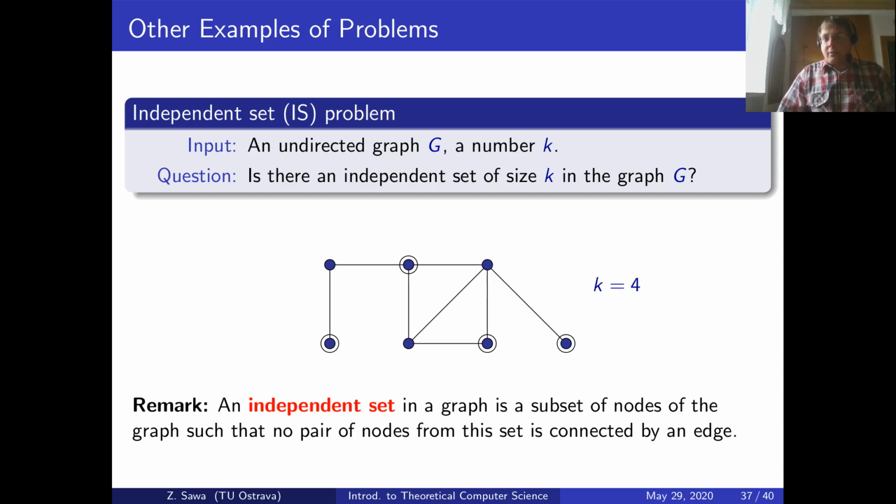But none of this is known, so this is an open question, and in fact it's one of the biggest open questions in complexity theory in general, in the study of algorithms and complexity of algorithms. This is probably the biggest and most important question which is still open.